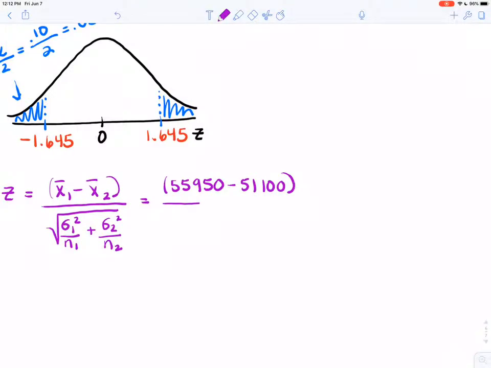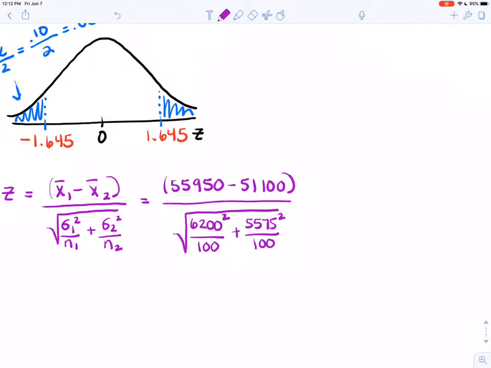And then using the population standard deviation, which again is required here if you're going to use Z, sigma 1 is 6,200. I'm going to square it and divide by its sample size. Sigma 2 is 5,575. I'm going to square it, divide by its sample size, and then take the square root.